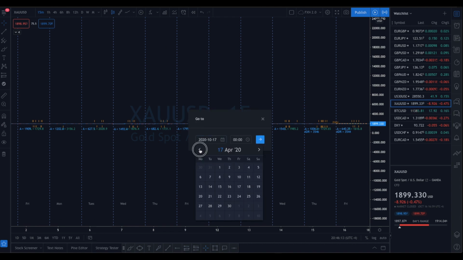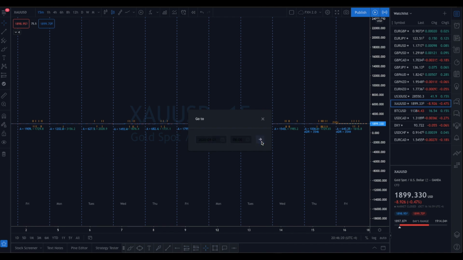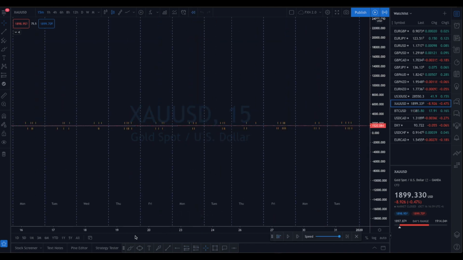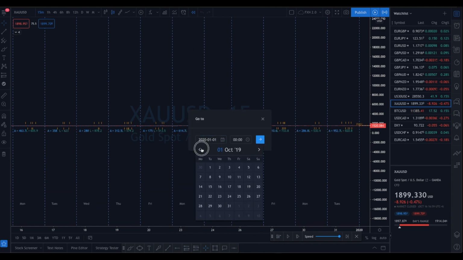Again, we're going to try to pick dates that are before the pandemic, that way we can get a normal type of range. So we're going to be doing somewhere in 2019 or something.